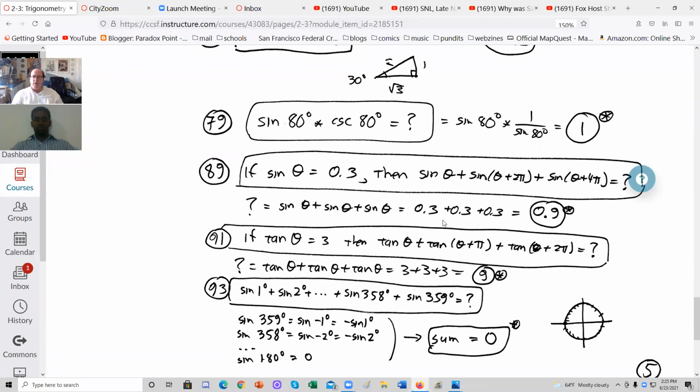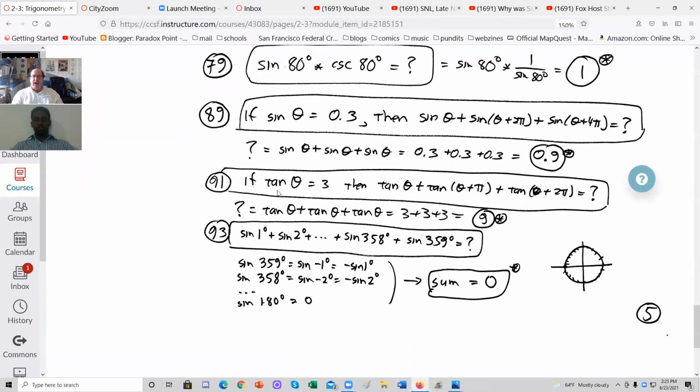That's 0.3 plus 0.3 plus 0.3, which makes it 0.9. We have tan theta equals 3. What's tan of theta plus pi plus tan of theta plus 2 pi? Tangent and cotangent have period pi. So tan of theta plus pi is tan theta, and tan of theta plus 2 pi is also tan theta. So tan plus tan plus tan is 3 plus 3 plus 3, which makes 9.